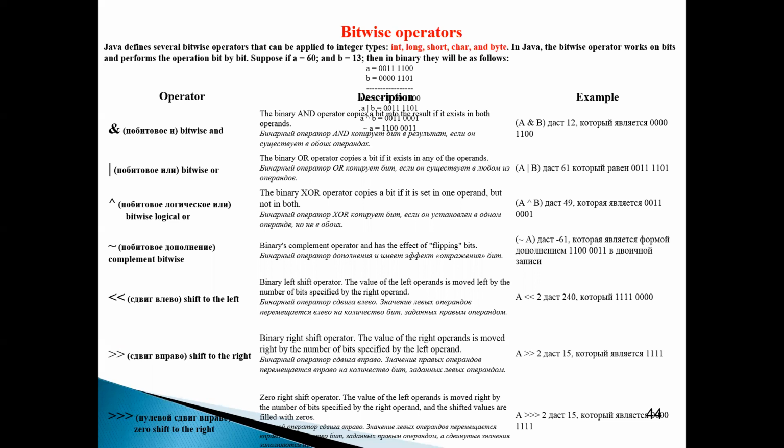In Java, the bitwise operator works on bits and performs the operation bit by bit. Suppose a equals 60 and b equals 13, then in binary they will be as follows. In this table, we have operators, their description and example.